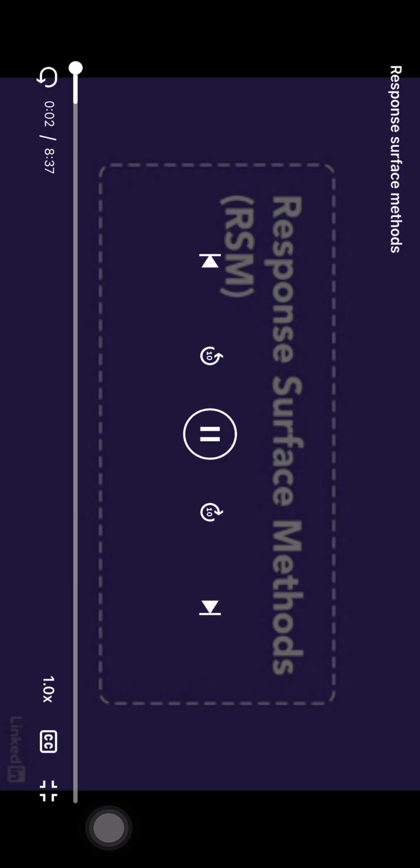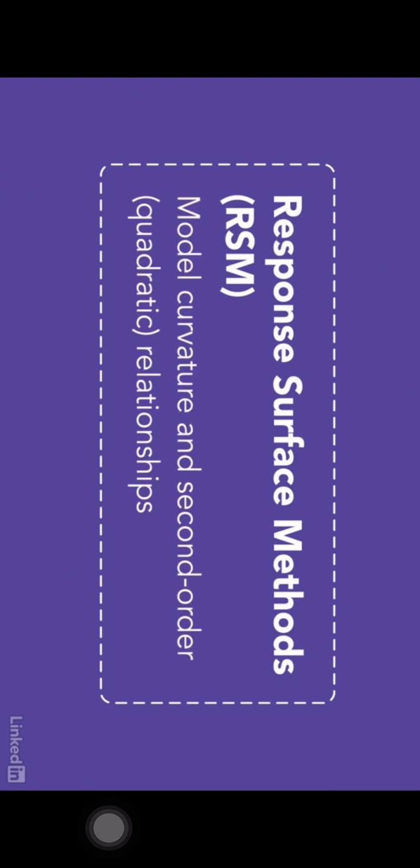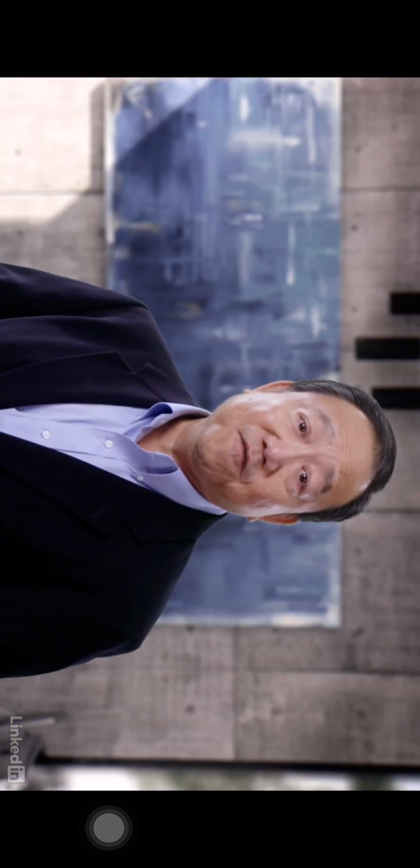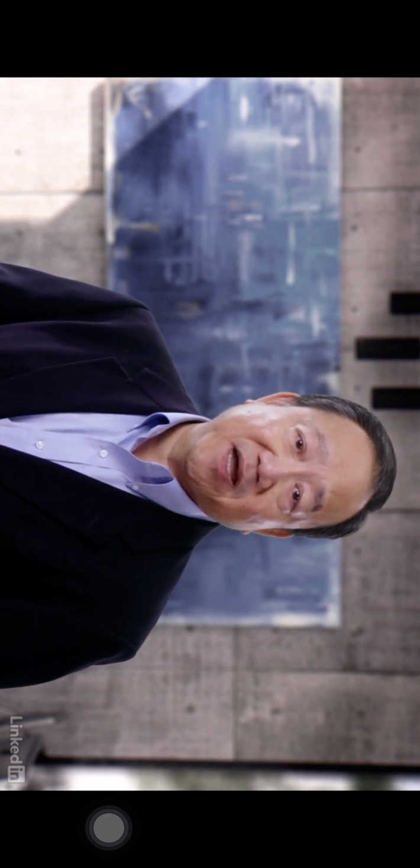Response surface methods, or RSM, are another class of designs, different from factorial designs. The big advantage that response surface methods have over factorial designs is that RSM is able to model curvature and second order or quadratic relationships. If there is significant curvature, the factorial designs are not adequate. You can use RSM designs when there is curvature.